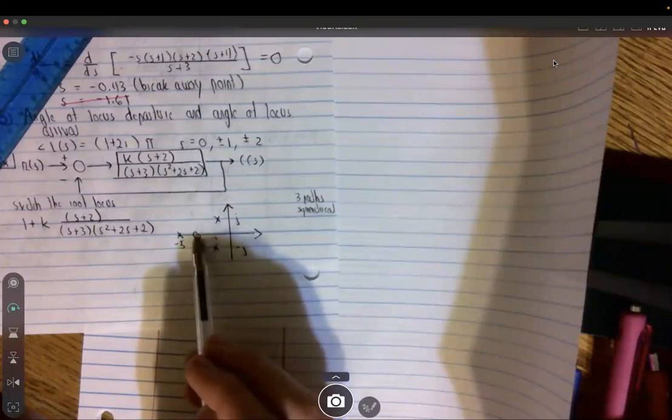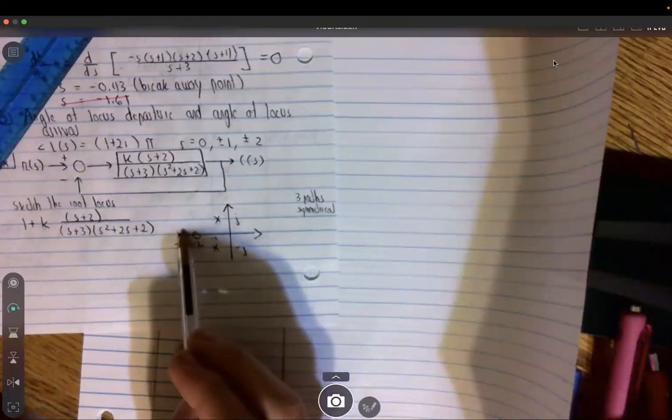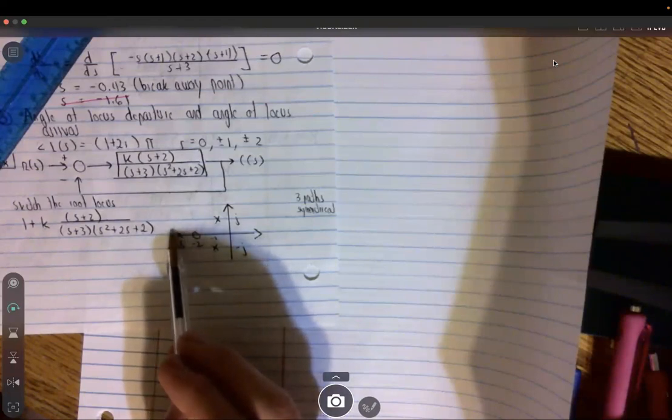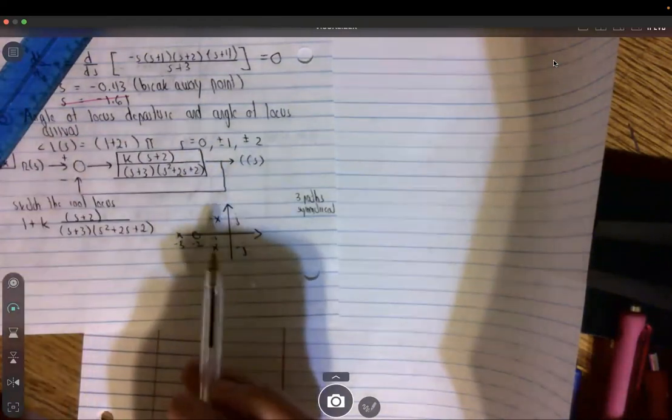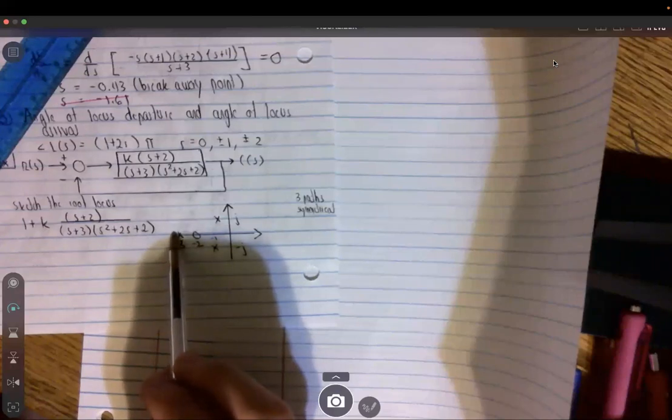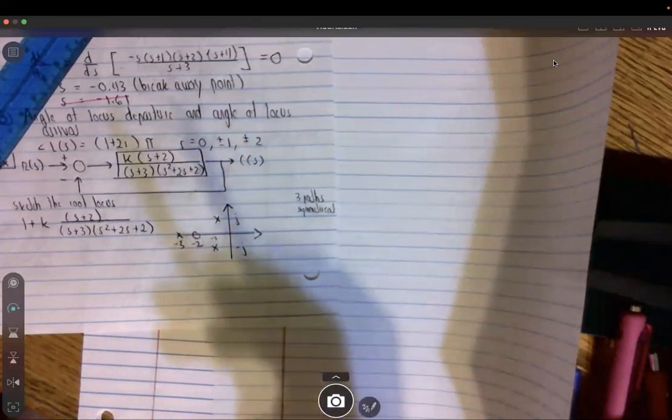So this is the first one right here, so it can occur right in between here, but it's not going to be to the left of it. And then our next rule: the direction of our root locus starts from our poles and goes to zeros or infinity.